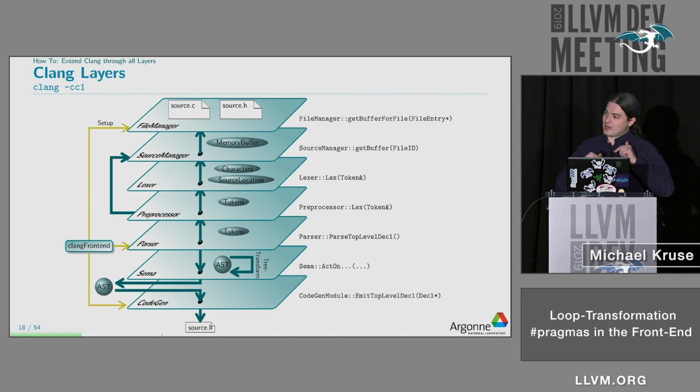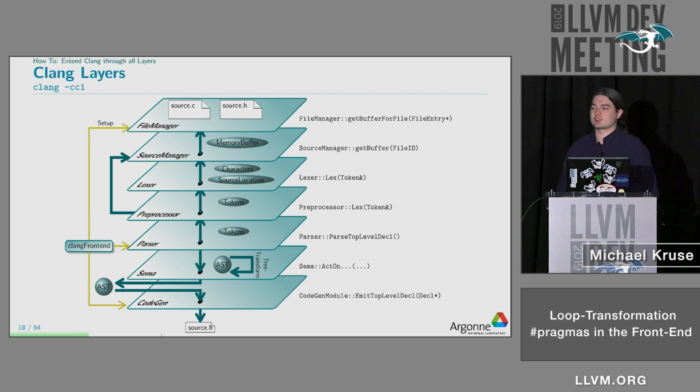You see the arrows actually going from top to down because the control starts from the parser. The parser asks the preprocessor for tokens. The preprocessor asks the lexer for tokens. The lexer asks the source manager for characters. And the file manager asks the operating system for files. So this is like a pull model.